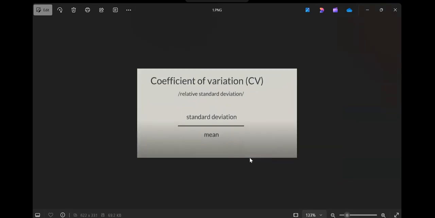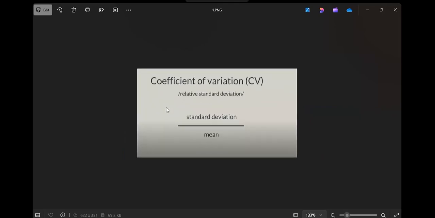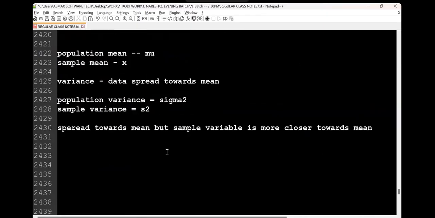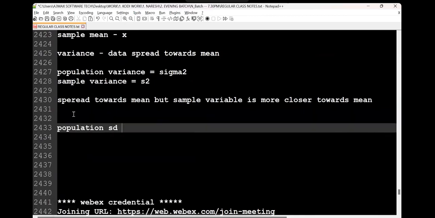Understand? So first is variance. Second one is standard deviation. Then another formula: population SD is root of variance. Guys, do you do descriptive statistics?